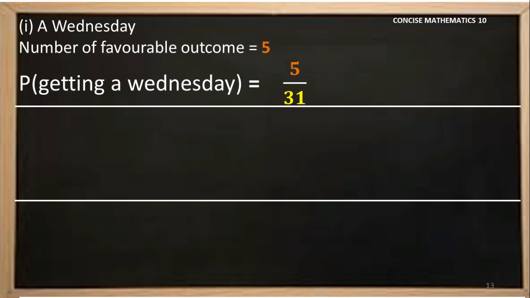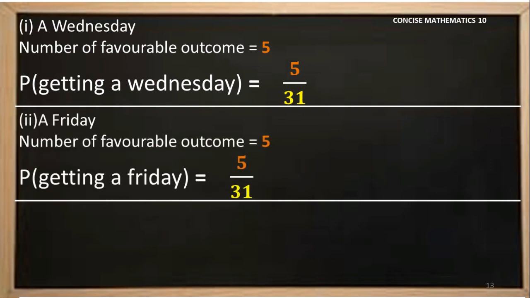In a similar manner, the second question is Friday. Again note down Friday, children. It is on 3rd, 10th, 17th, 24th and 31st. It is also equal to 5. This problem should be answered by observing the given calendar in the textbook. So the probability is 5 by 31.